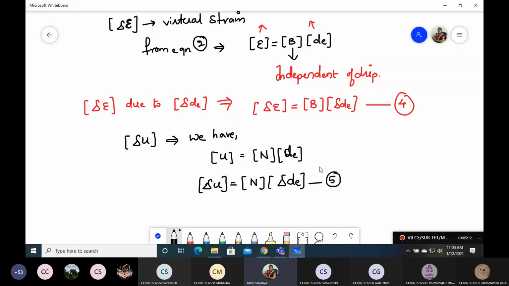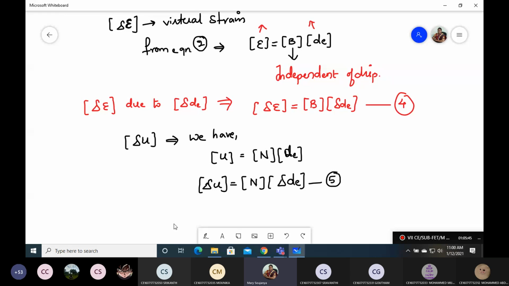Do you have any doubts? All the matrices we have seen till now, in the whole of this unit 3, we are taking all of those equations for this single derivation. Please remember, shape function equations and strain displacement equations, all those things we are considering here. Shall we move forward?